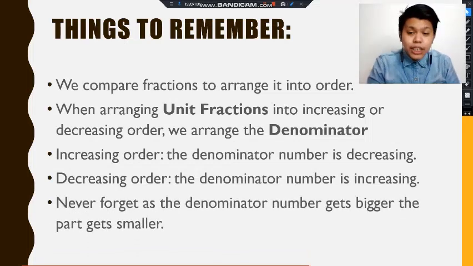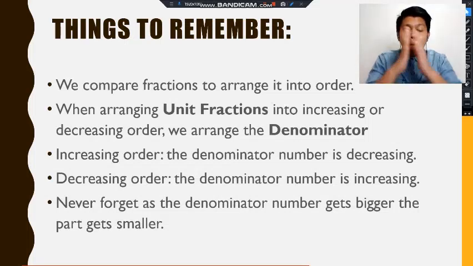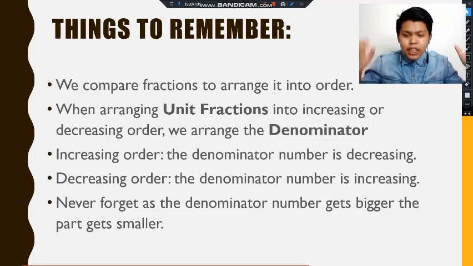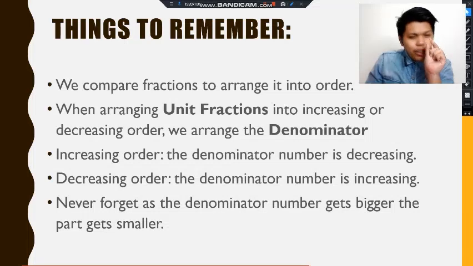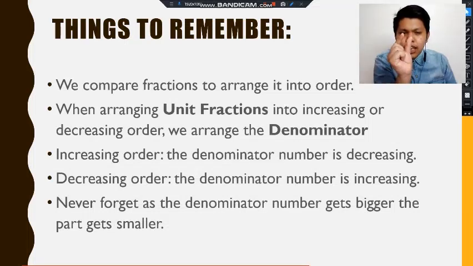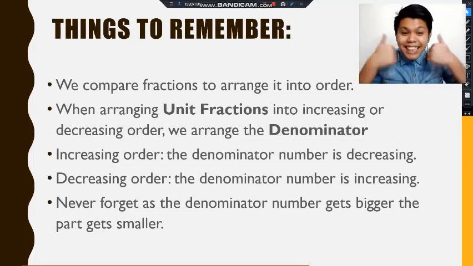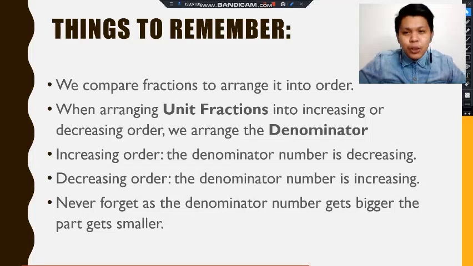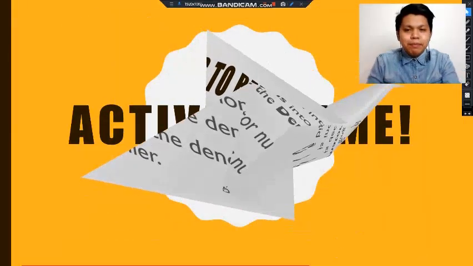Okay, never forget, as the denominator gets bigger, the part gets smaller. So if we have 1/10, this is 1/10. 1/2, this is 1/2. Clear? I hope you will remember these things.